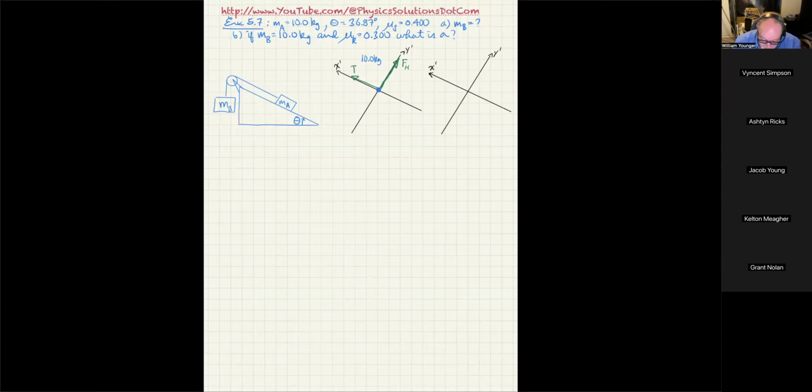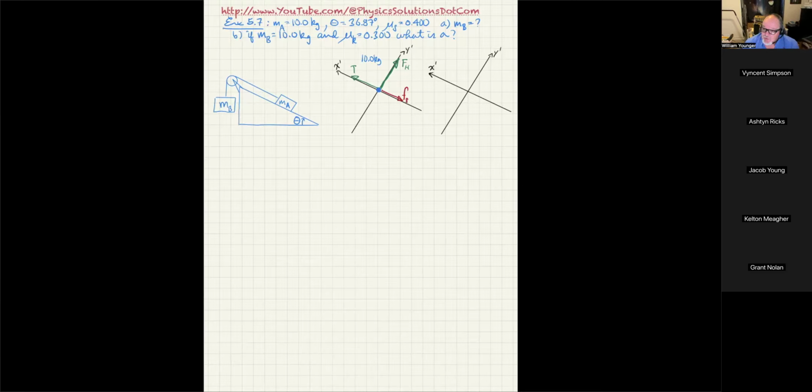And if you're thinking about the diagram on the left, that's when M sub A is being pulled up the incline. And if M sub A is going up the incline, then the friction force acts down the incline, and that would mean that the friction force is in the negative x direction, and that's a static friction, so I subscripted it S.